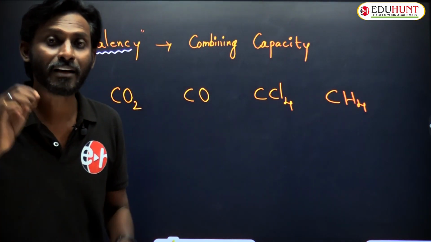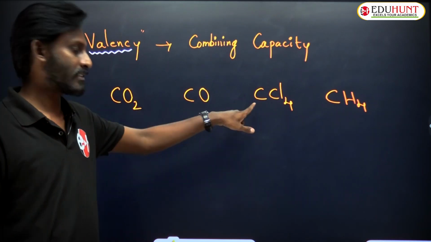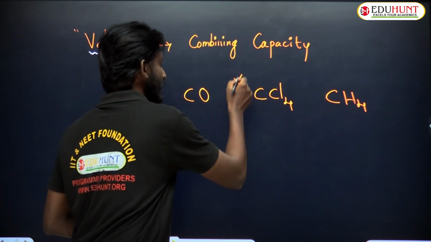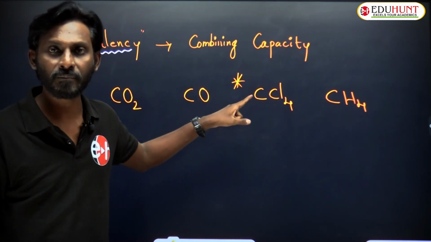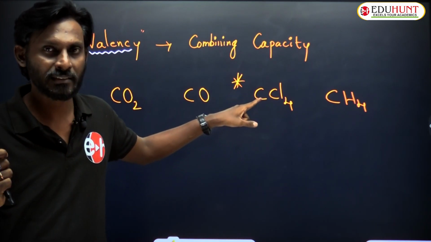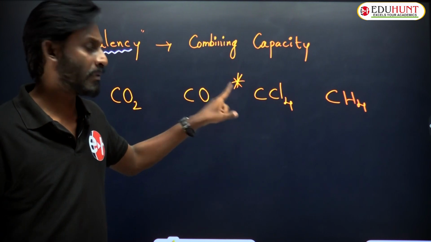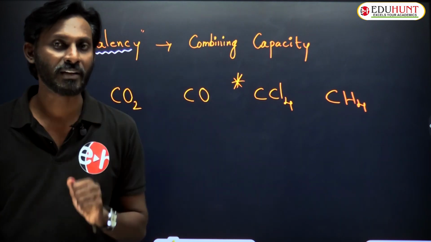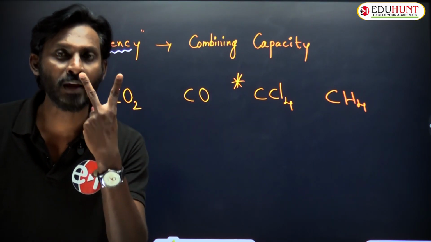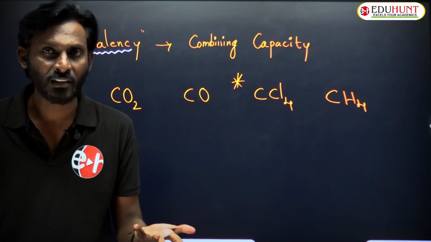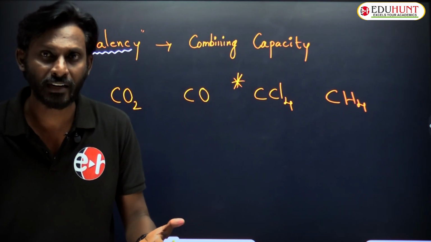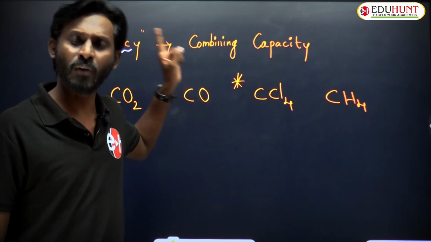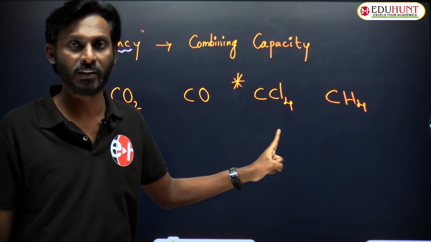But the question is, let us take this as an example. Why does carbon combine with only 4 chlorine atoms? Why not 5 chlorine, why not 1 chlorine, why not 2 chlorine? Why does one carbon combine with 4 chlorine?